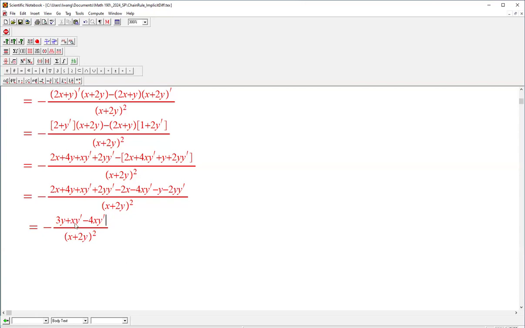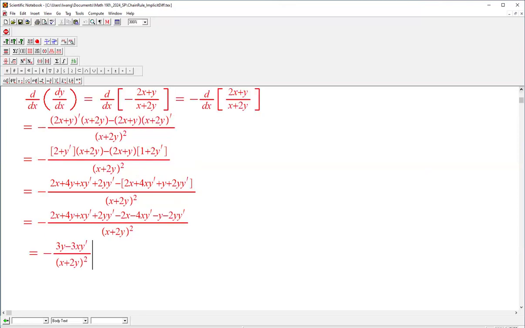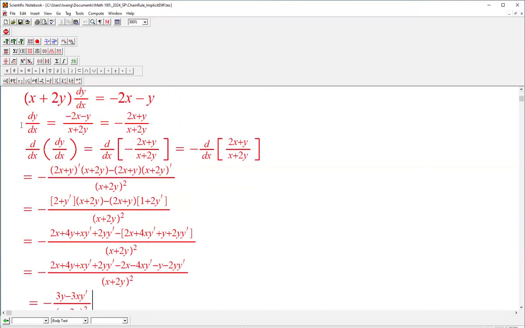And here we have xy prime minus 4xy prime. So that's going to be minus 3xy prime. And then what? It looks like we're almost done, but we need to bring y prime to the picture.